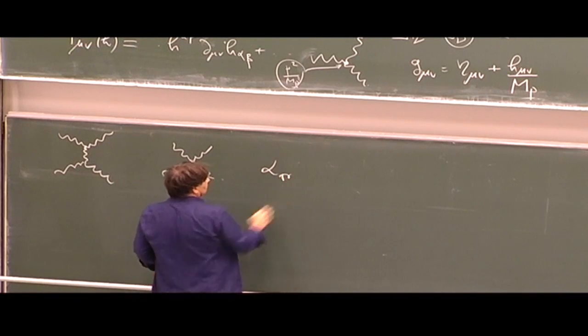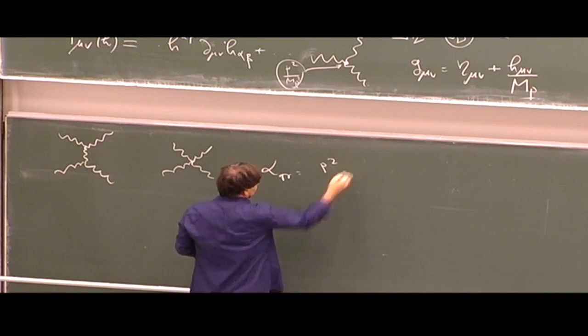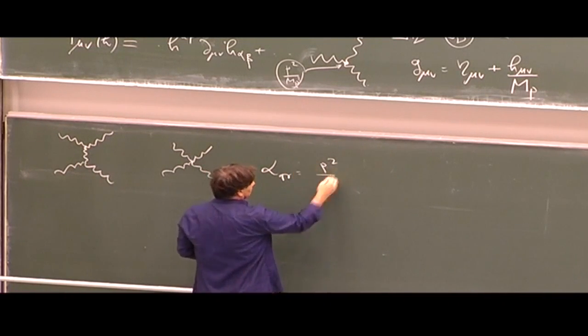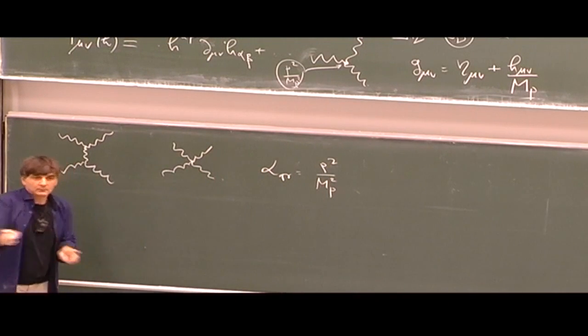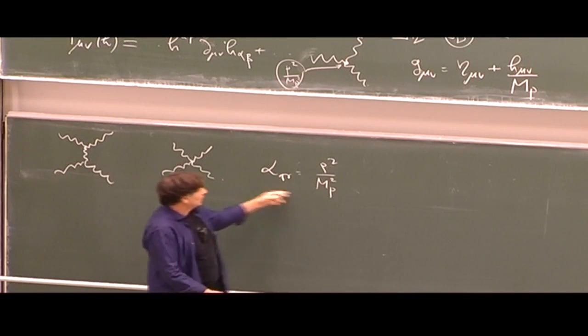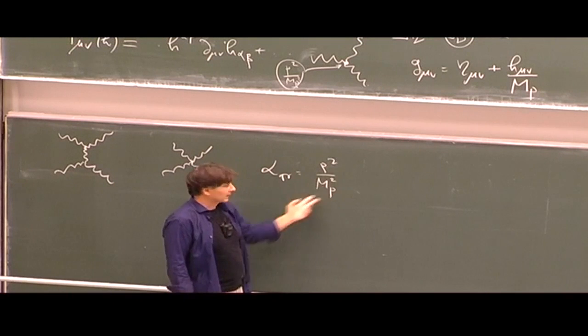This is alpha gravity, and it goes as a certain energy scale, essentially a characteristic momentum transfer in your process, scaled by the Planck mass squared.